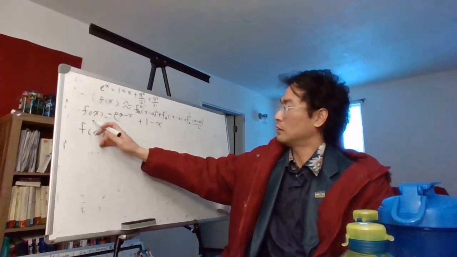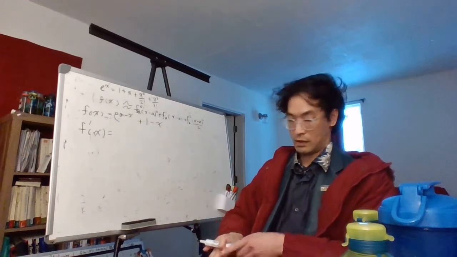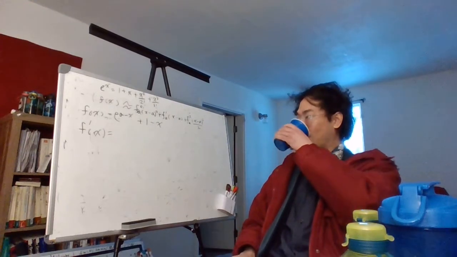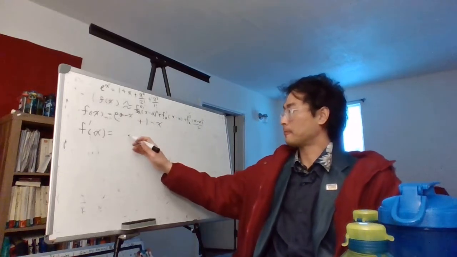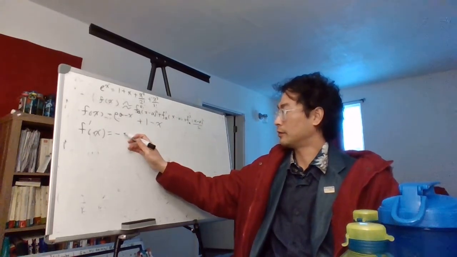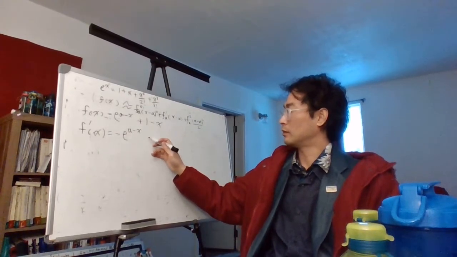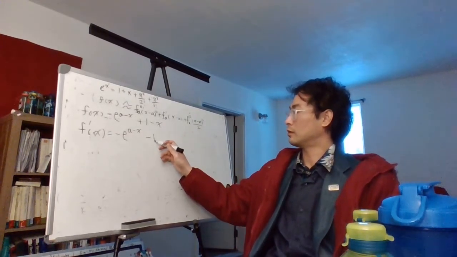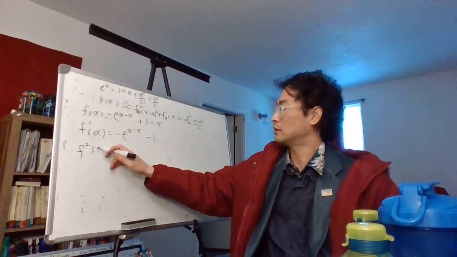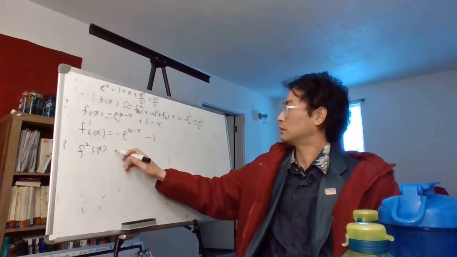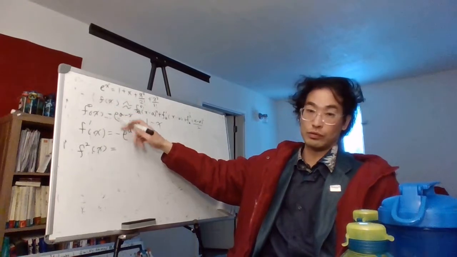So this is f prime x, f double prime x. So this is f of x when we don't do differentiation.